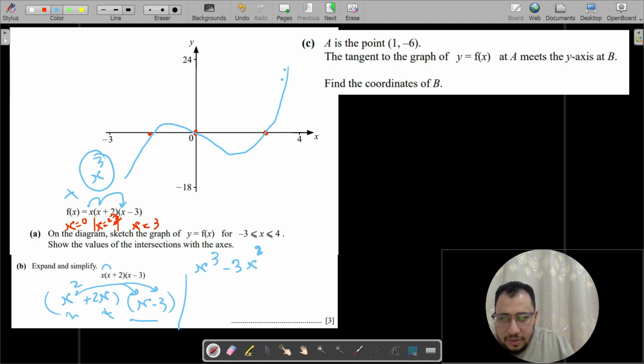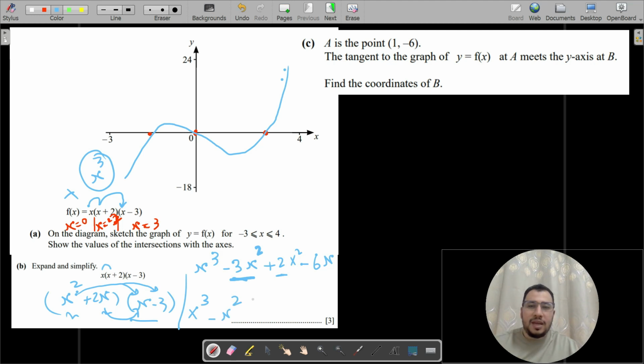Then 2x multiplied by x is positive 2x squared, and here minus 6x. Then you will just simplify -3x squared plus 2x squared, so x cubed minus x squared, and here minus 6x, and this is how to simplify.